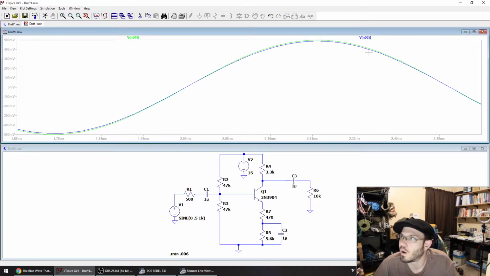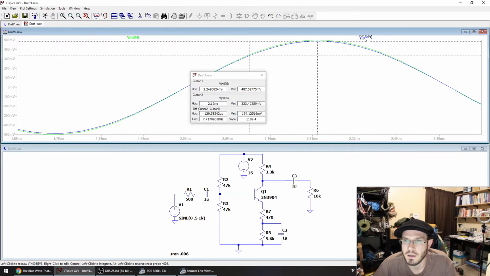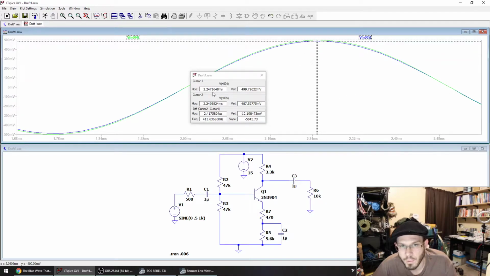So over here, you can now see the difference. And if I take a measurement, let's go between the peak there, and there we go. I'll put them side by side over here. Okay, so now 0.247 versus 0.249. So a little bit bigger of a difference in that case.